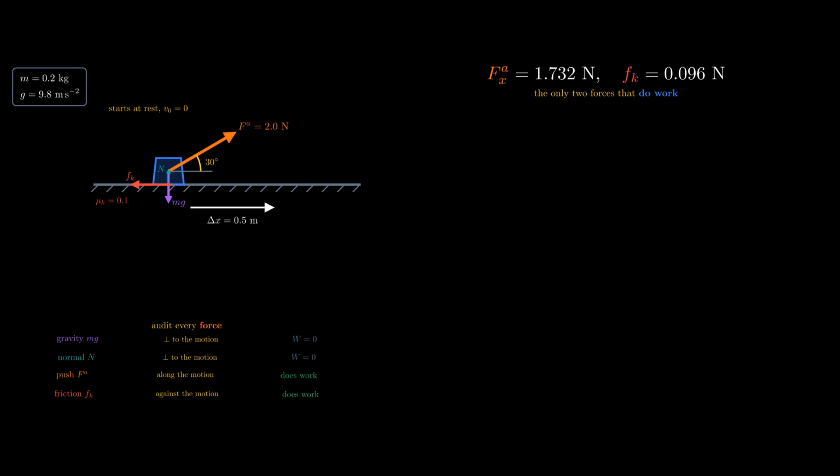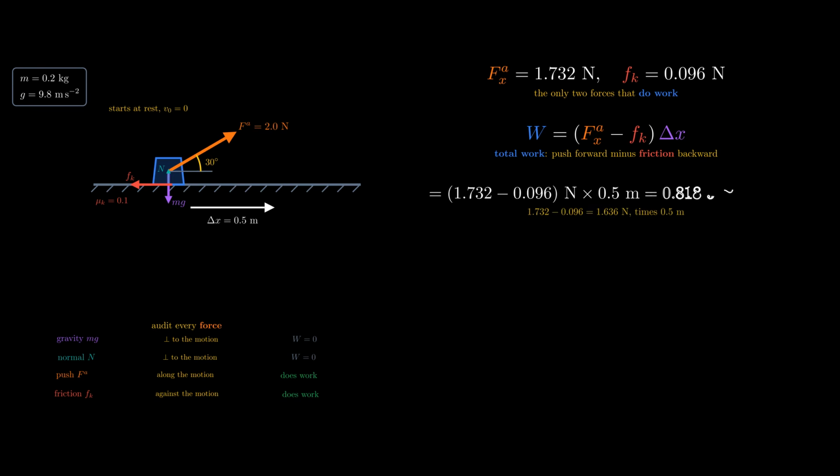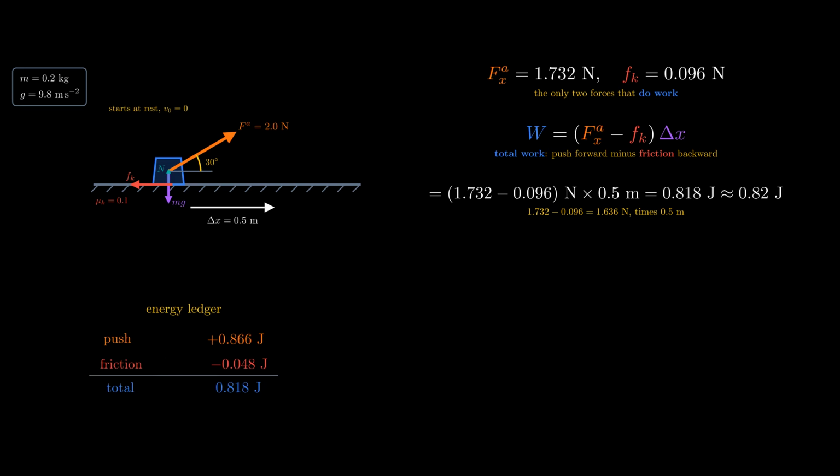Now total the work. W equals the horizontal push component minus the friction force, all times the displacement. 1.732 newtons minus 0.096 newtons is 1.636 newtons, times 0.5 meters gives 0.818 joules of total work.